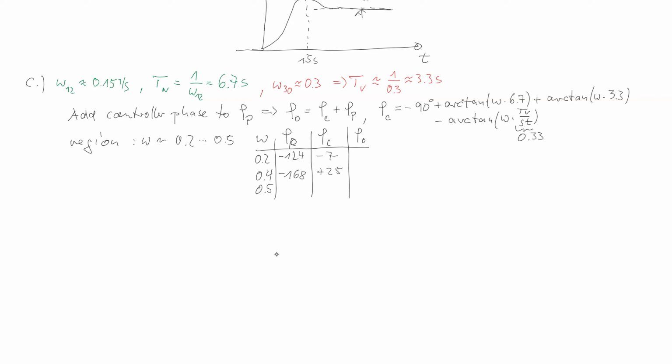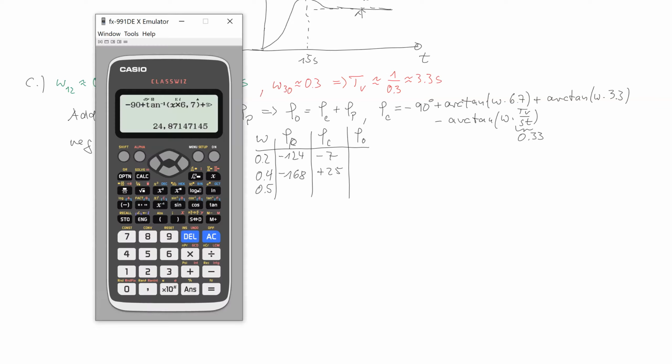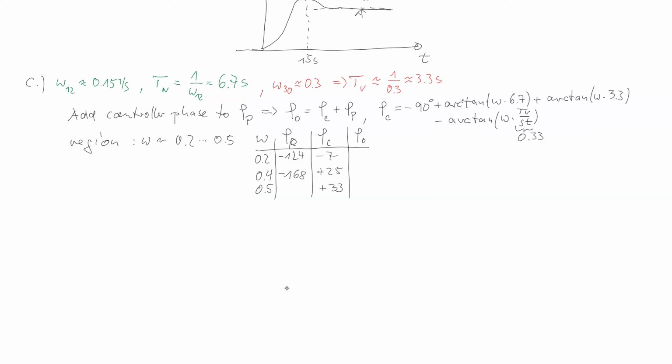Then 0.5, which gives 32, 33, and so on. So with this I make some new points in my diagram.